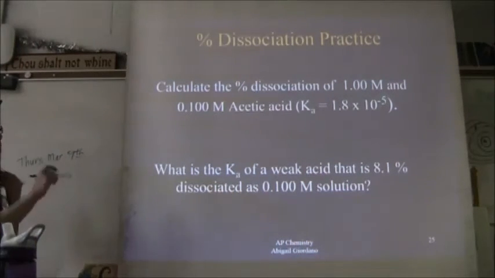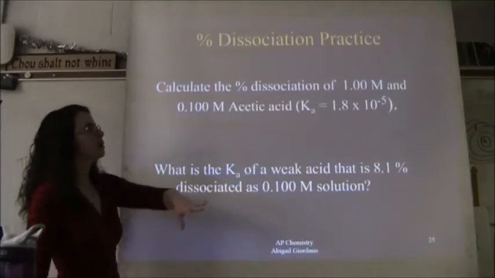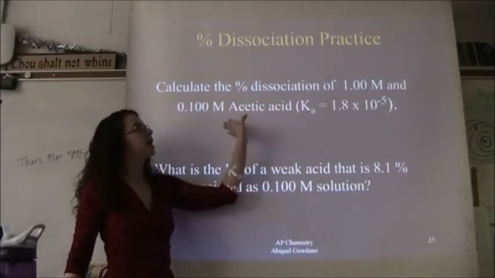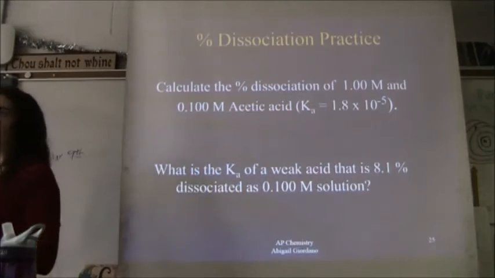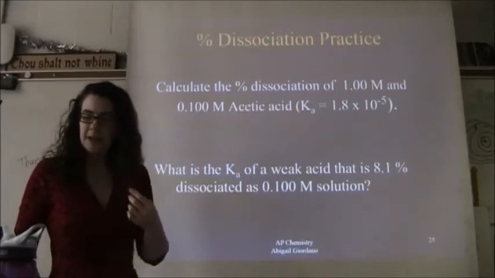I'm going to write out the reaction that occurs here. But before I do that, let me say something to you guys. Acetic acid is probably the most common weak acid that you are going to see. We're going to be doing a lot of problems, and acetic acid is going to come up a lot.